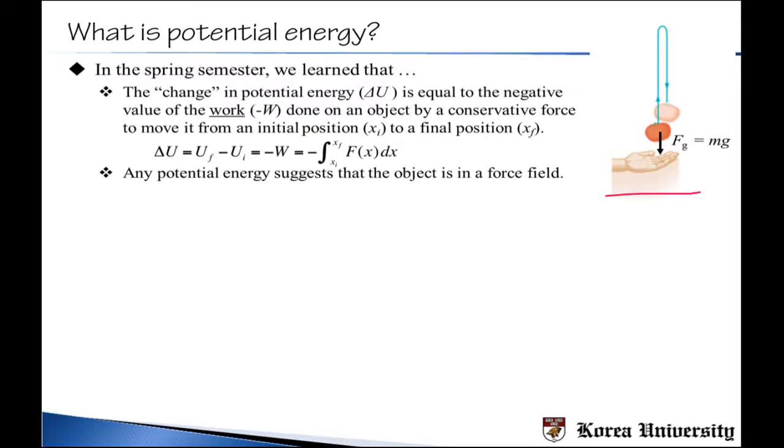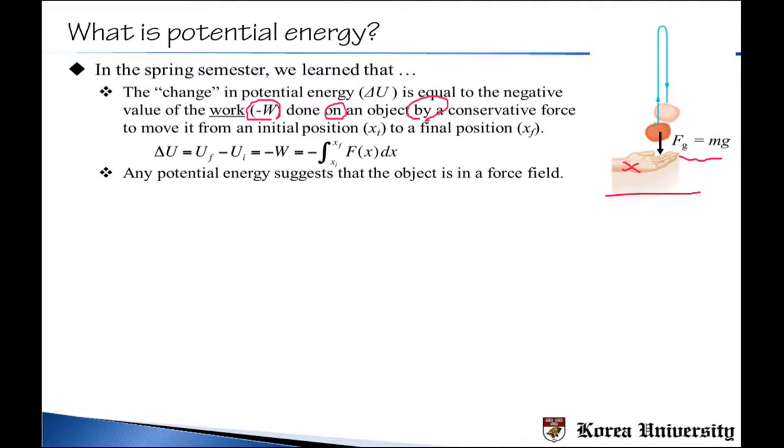And during this motion, we are not considering the work done by the hand, but the work done by the gravitational force. So we learned in the spring semester that the change in potential energy is equal to the negative of the work done on an object by a conservative force, in this case the gravitational force, to move it from one position to the other.